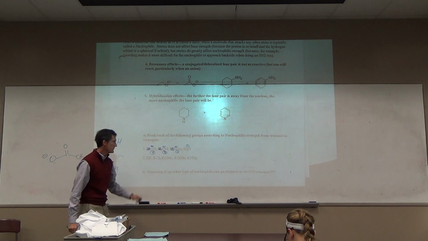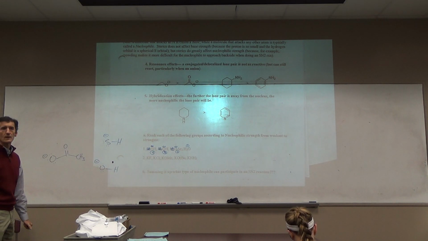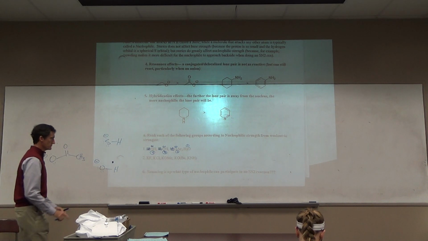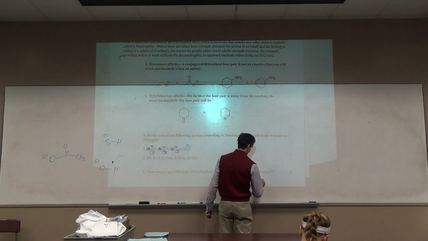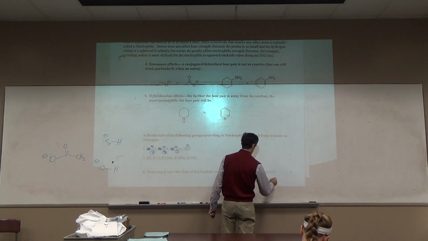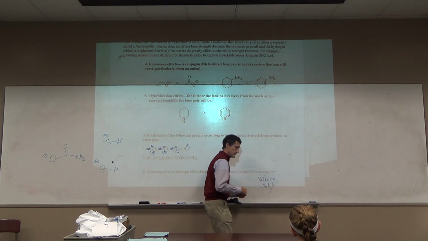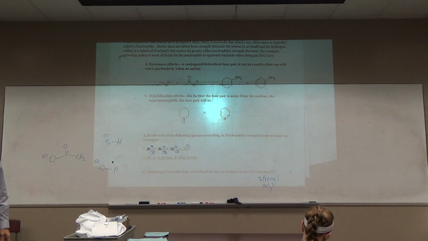Summing it up, what type of nucleophile can participate in an SN2 reaction? Talking about strength, the answer is strong only. Only a strong nucleophile can participate in an SN2 reaction.